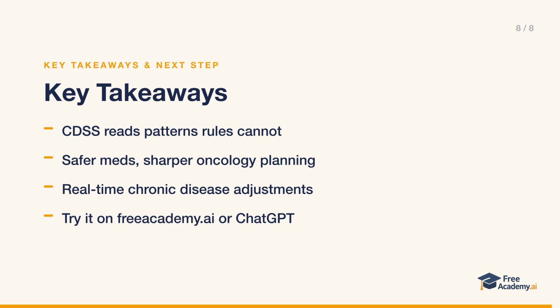In oncology, it supports tumor board preparation, radiation planning, and precision medicine. In chronic disease, it enables real-time treatment adjustments for conditions like diabetes and heart failure, and the core principle holds throughout. AI provides suggestions and data. Clinicians make treatment decisions in partnership with their patients.